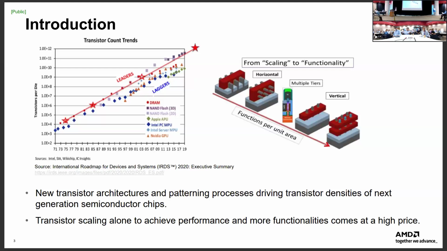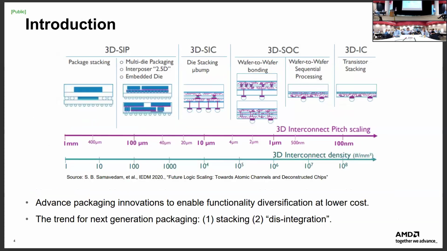So I think this part, Icha and Prof. Aaron have all spoken about it already throughout the day: transistor scaling is still happening. It's not slowing down, but at the same time, we're getting more and more complex packages because transistor scaling is just too expensive to pursue. We just want function and performance enhancements.